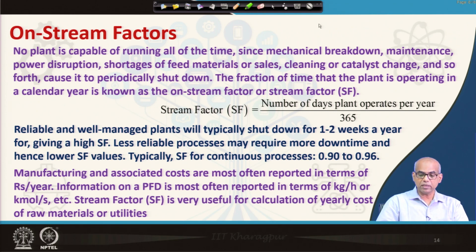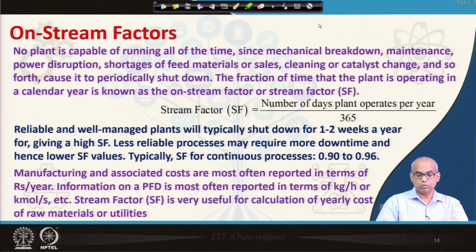Manufacturing and associated costs are most often reported in terms of rupees per year. This is the basis which is most preferred. Information on a process flow diagram is most often reported in terms of kg per hour or kilomole per second, that means in mass per time unit or mole per time unit.